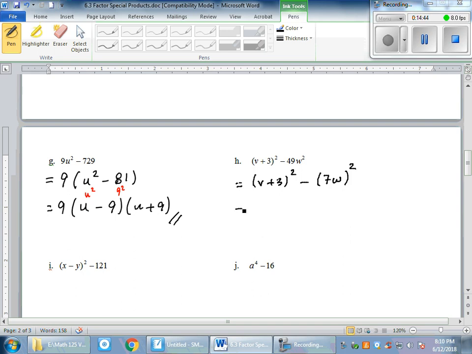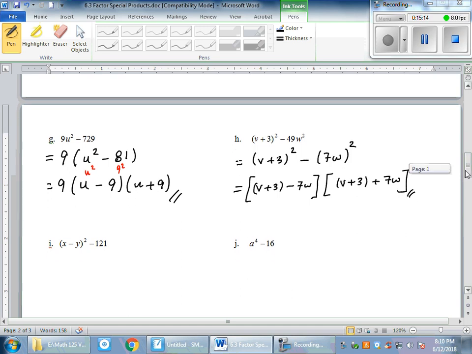So now we can factor it using the formula, which is first minus last times first plus last. And if you take out the parentheses, this will be my final answer.